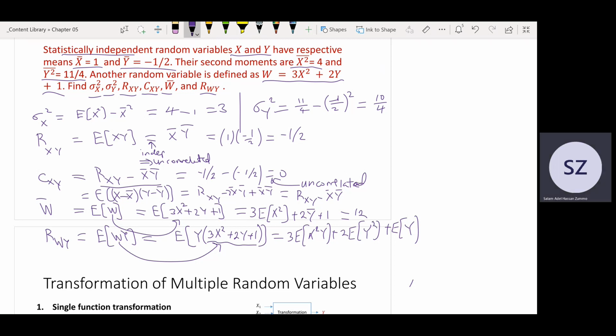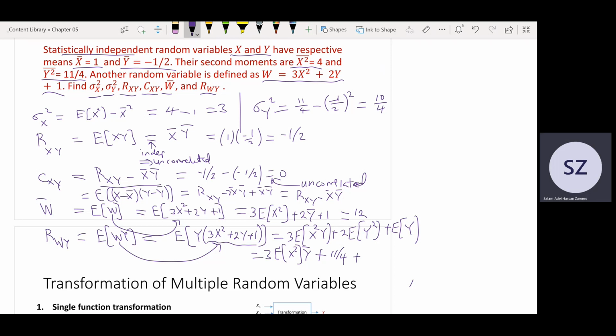Okay, so how to open up these things? The first one is independent, right? Because they are independent or uncorrelated, basically this becomes 3 expected value of x squared alone times y bar alone, right? And then the next, this is twice expected value of y squared, which we know. What is expected value of y squared? 11 over 2, no simplification. Plus what?